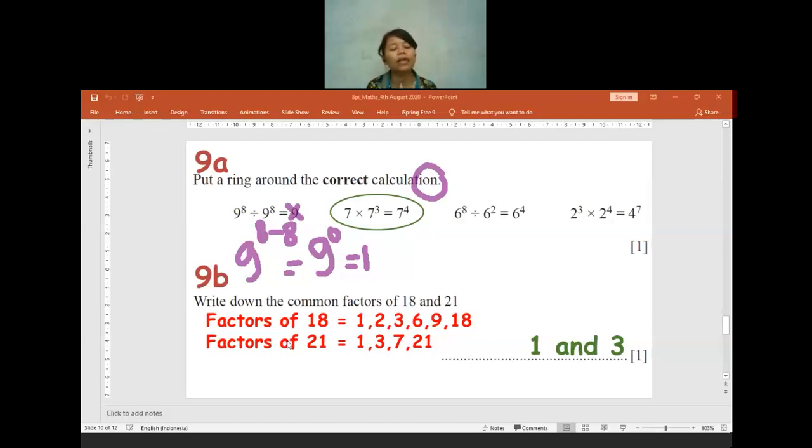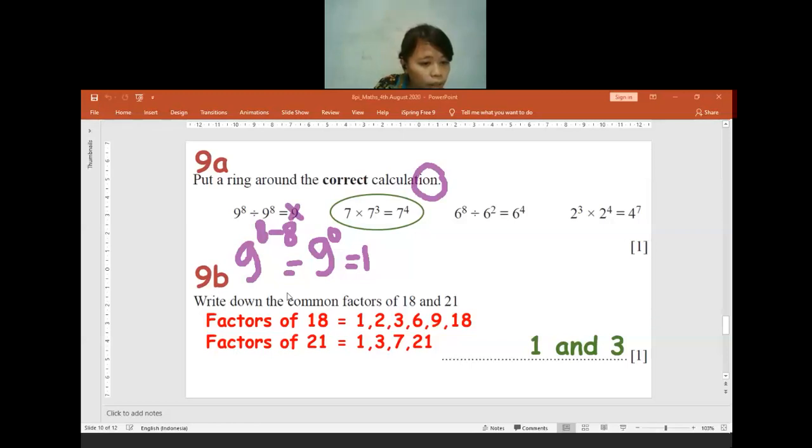So for each correct box, you will get 0.5 marks. If 2 boxes are correct, you will get 1 mark. If you have 3 boxes correct, you will get 1.5 marks for question 8. Sorry, my chat box was inactive before.